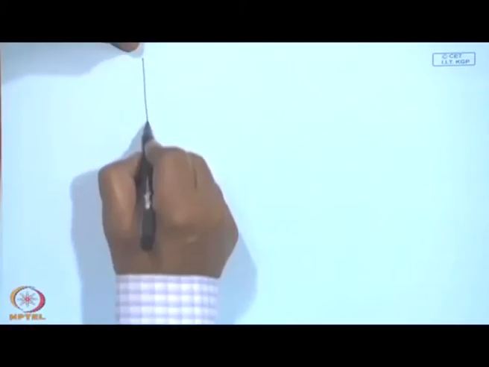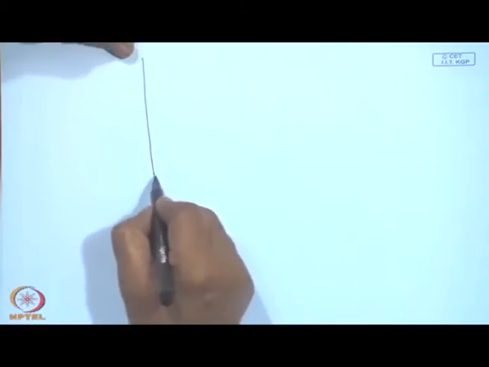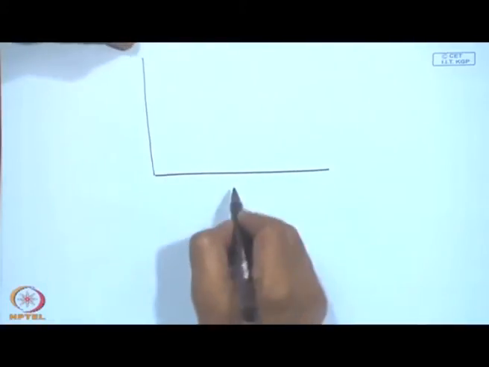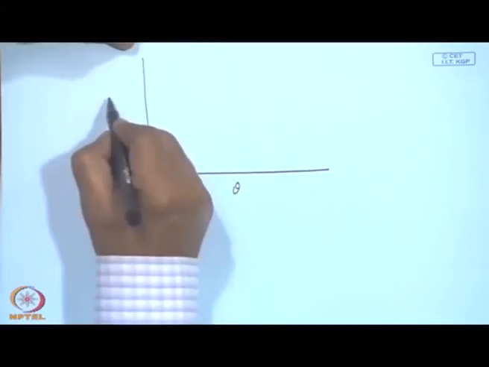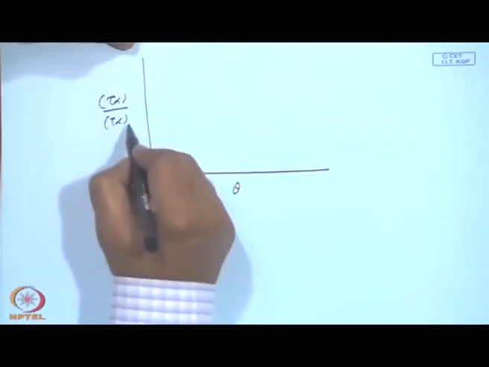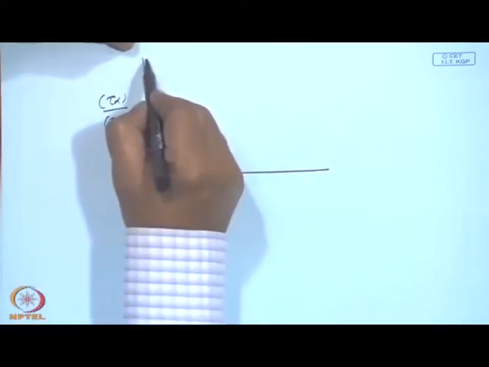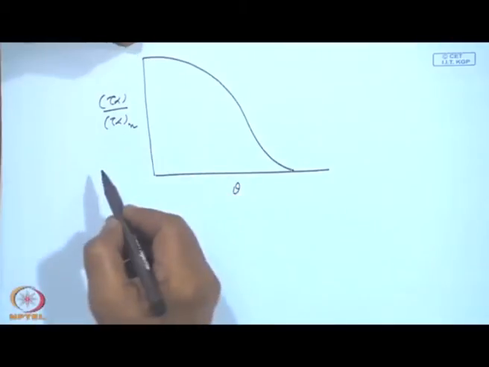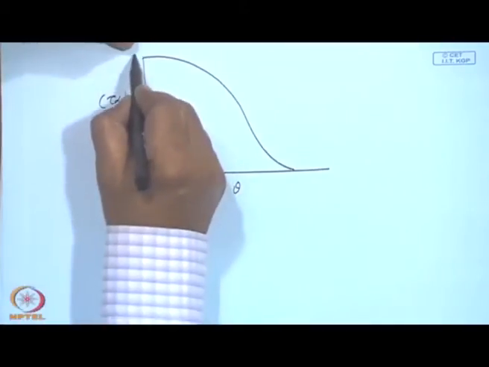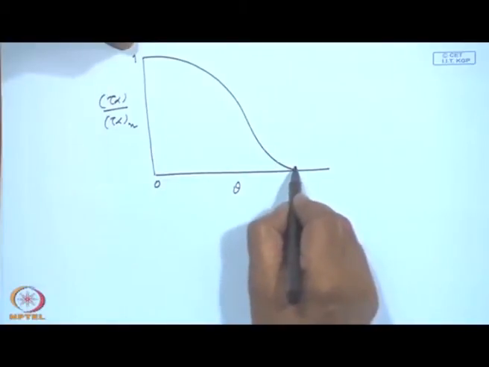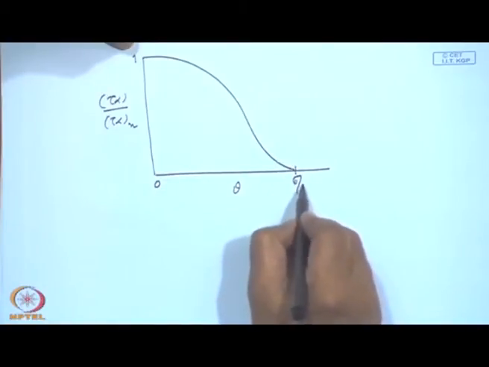So, if we plot this, it will be something like this. This will be 1 at theta equal to 0 and it goes to 0 at pi by 2.